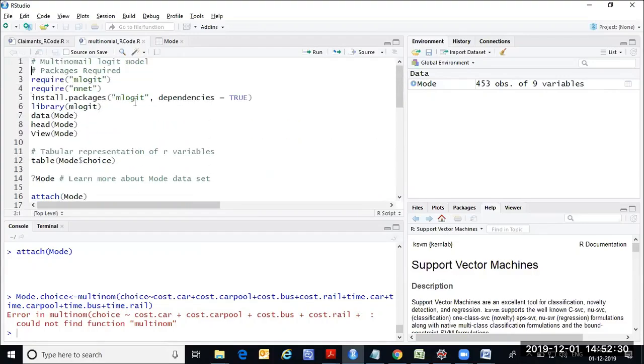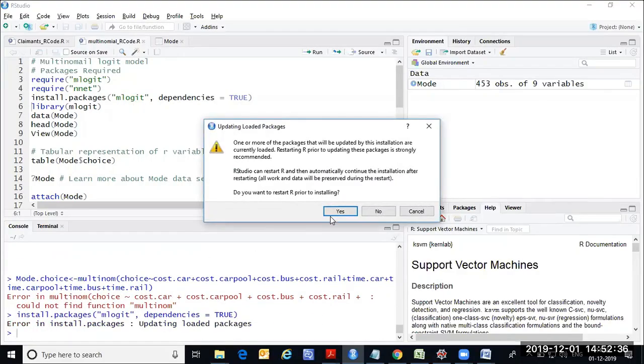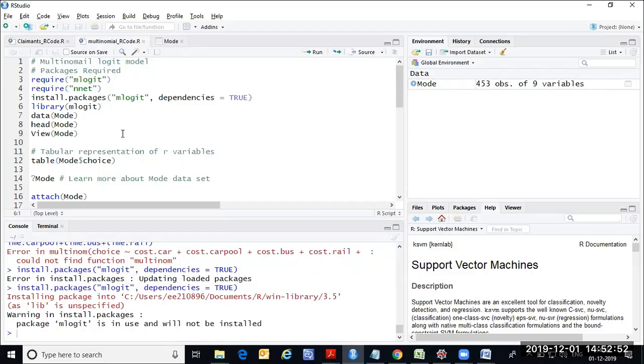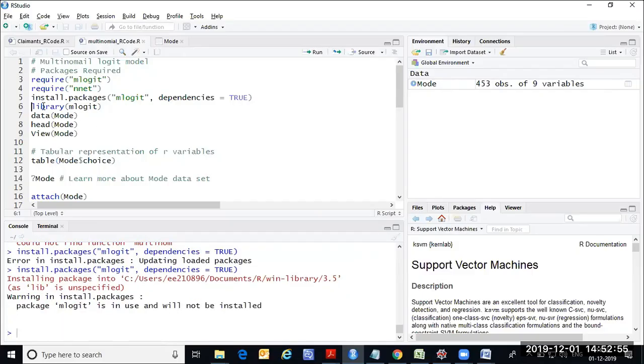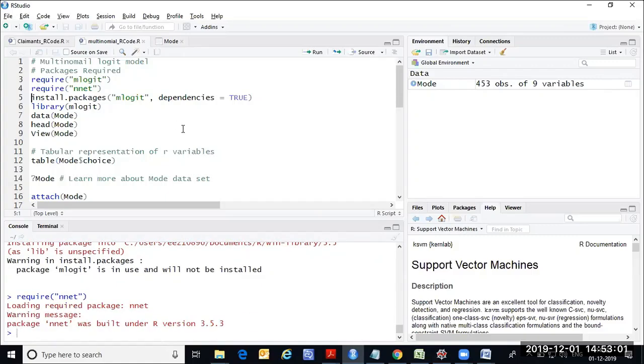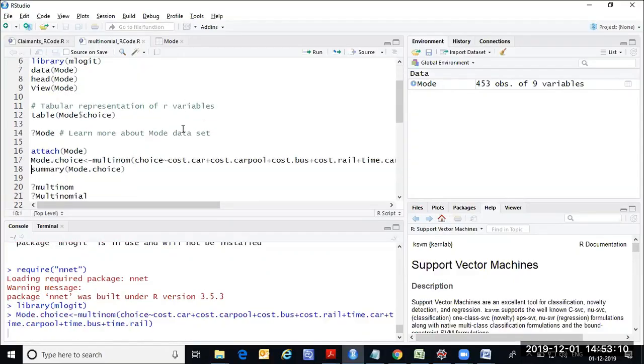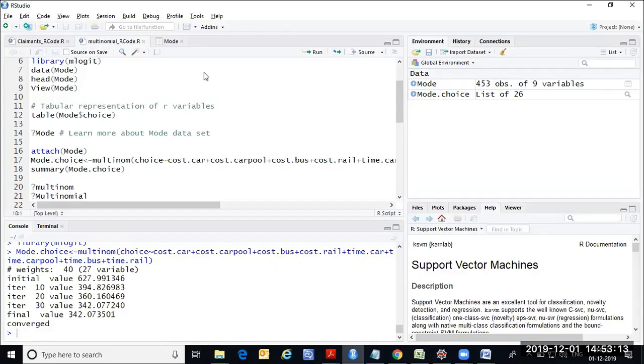Cannot find multinom function. Come on. Yeah, package was not enabled.